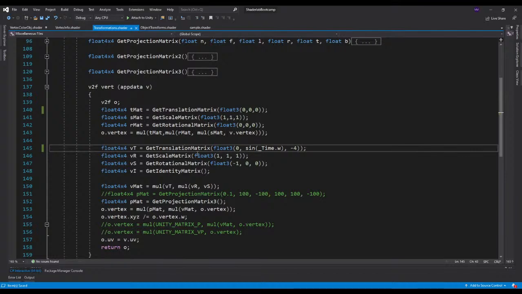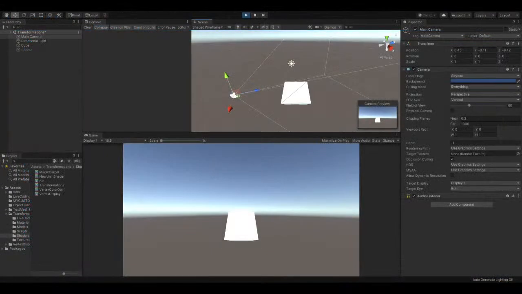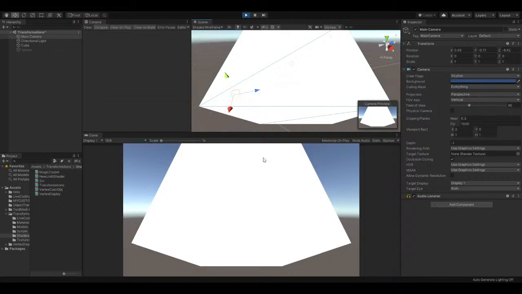Okay, if I was to say that I want the camera closer to the object, right, I'm just going to change this z value, go to Unity. Now we are closer to the object. Okay, field of view and all. See, if you change the field of view, only the skybox is getting affected but not the cube.